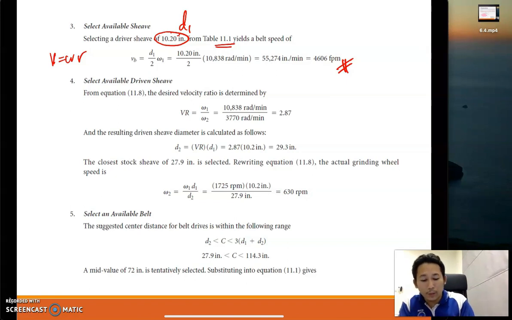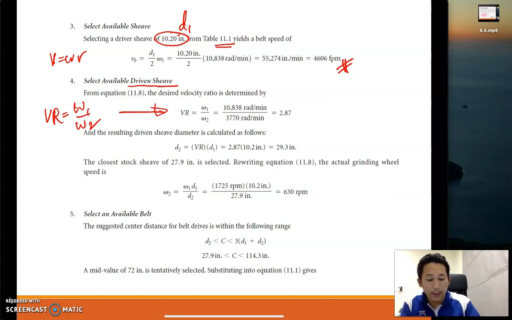And then we need to find the driven. Okay, we need to find the driven. We have velocity ratio equals omega 1 over omega 2. So from that we can calculate our velocity ratio. Velocity ratio is 2.87.